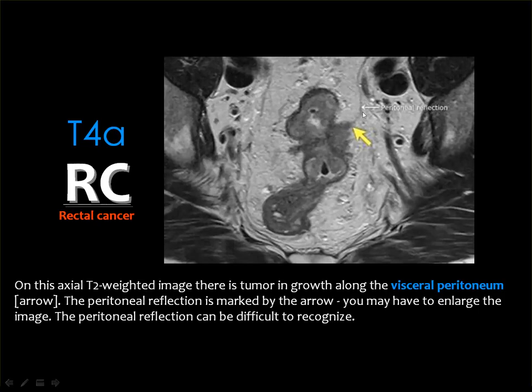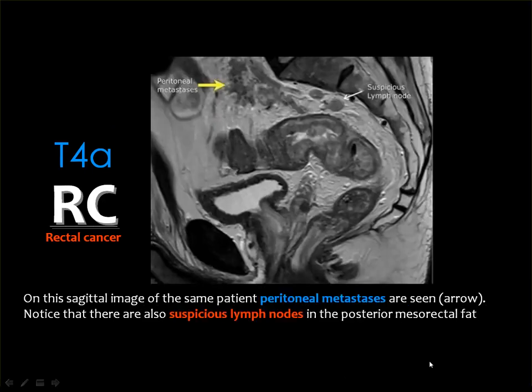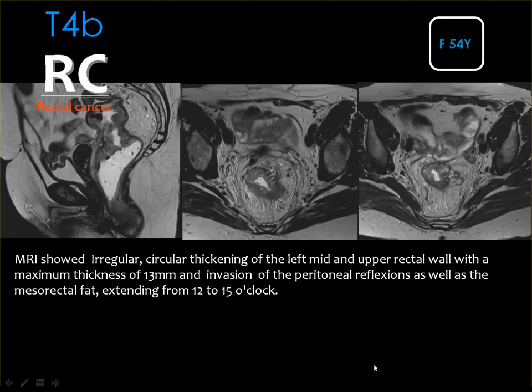Because it is thickened, being infiltrated by the tumor, and you know that invasion of the peritoneum means that you are dealing with T4A. Then another appearance of invasion of the peritoneum: you see these nodularities high away from the level of the urinary bladder, denoting peritoneal metastasis, and you also see the presacral lymphadenopathy.